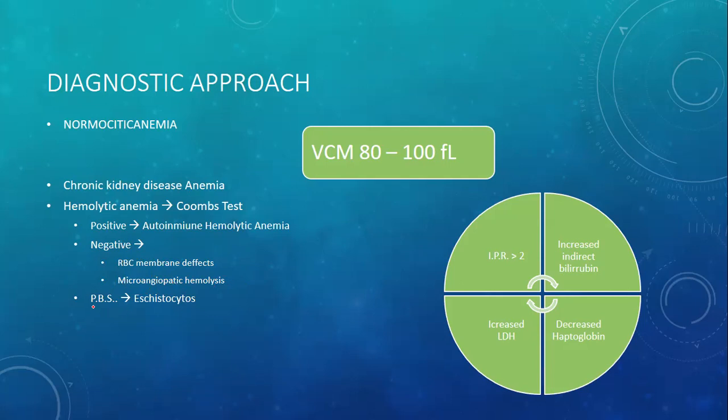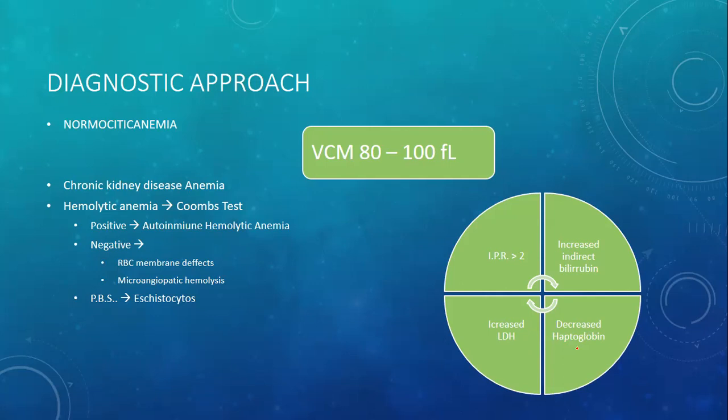And in our peripheral blood smear, we get schistocytes. So if we have an IPR that I already talked about, higher than 2, and we have an increased indirect bilirubin, because we remember we have jaundice here, right, related. If we have decreased haptoglobin, what is haptoglobin?